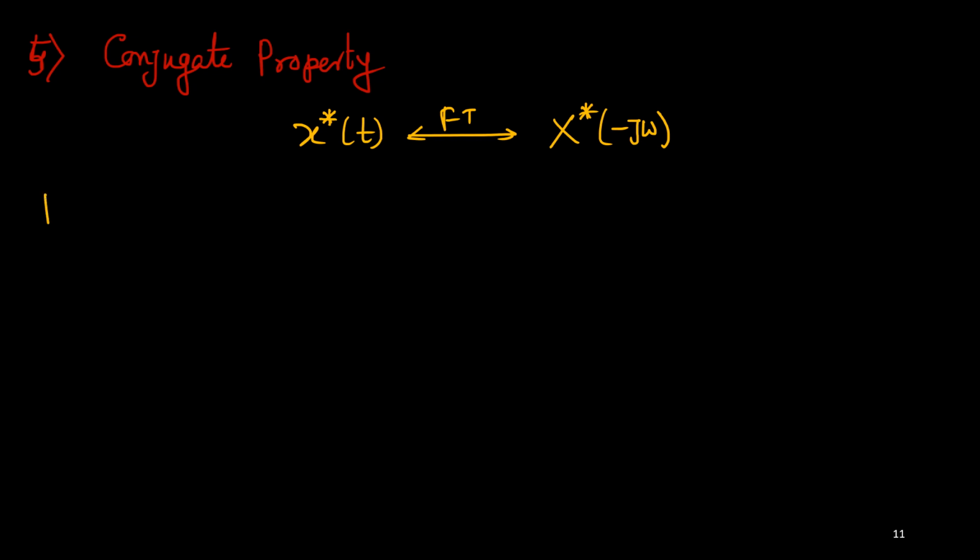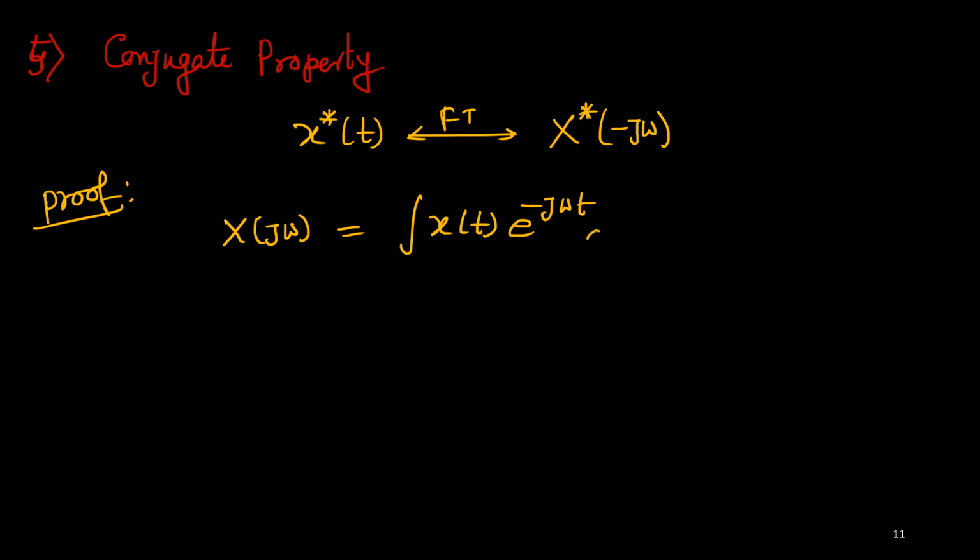So what is the proof? We can start with x of j omega, the Fourier transform of x of t, that is given by the integral of x of t e to the power minus j omega t dt from minus infinity to infinity.